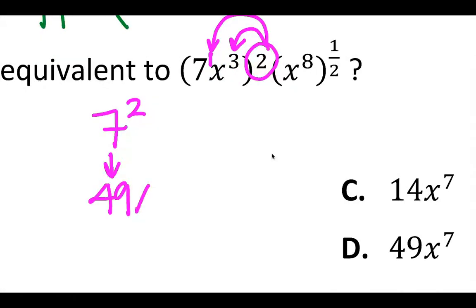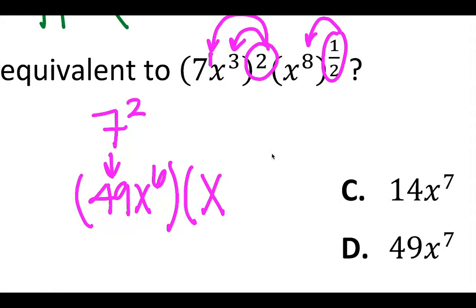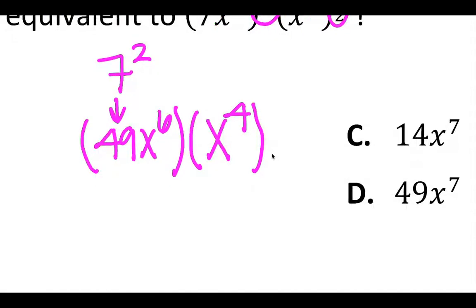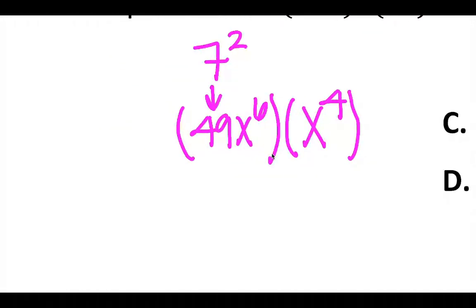And then I've got x, and then 2 times 3 is 6. So that's that simplified. Then over here, same thing, I've got 1/2 times everything, which is just x to the 8, and 8 times 1/2 is 4.